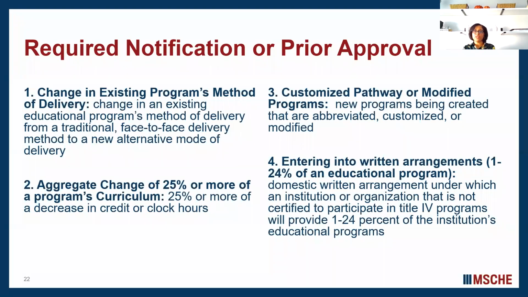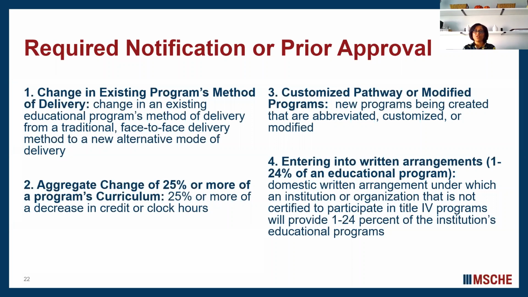This requirement is for institutions that are considered approved to offer distance education. Institutions that are not approved to offer distance education would have to submit a substantive change request under the number 4 alternative delivery method.